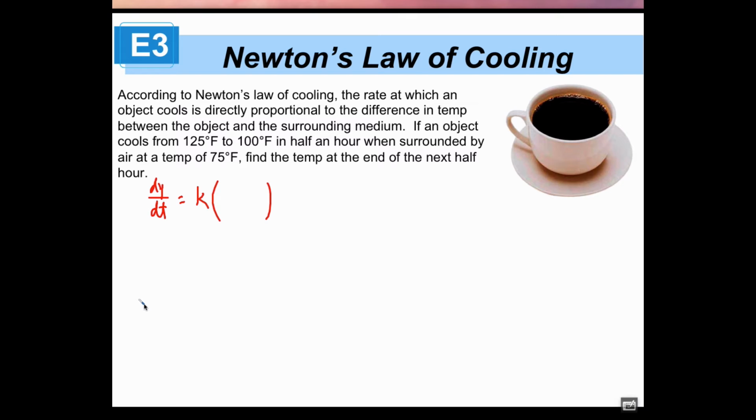What does difference mean? Subtraction. What are we subtracting? The difference in the temperature between the object and the surrounding medium. So the temperature of the object we defined as y. What's the temperature of the surrounding medium? 125, 100, or 75? 75, because that's the room temperature.